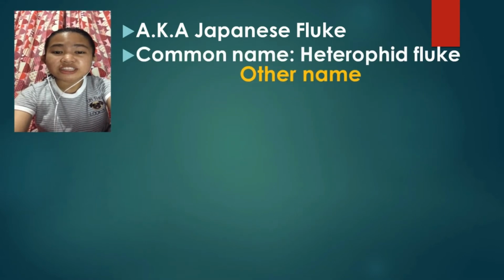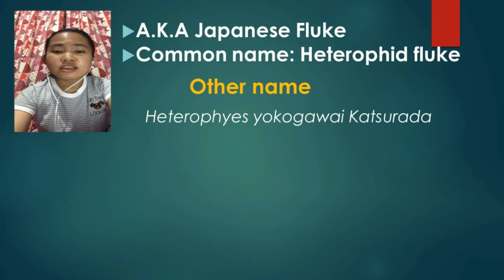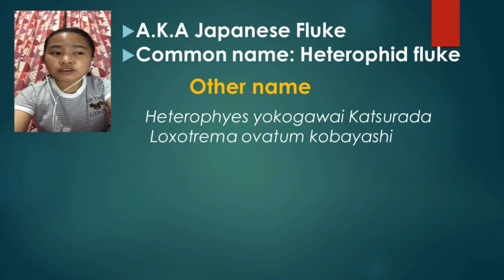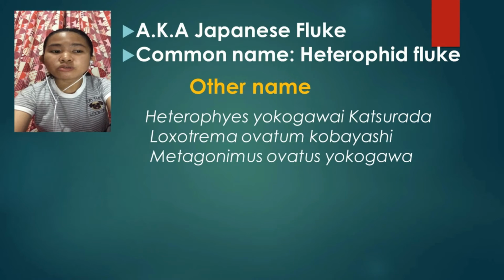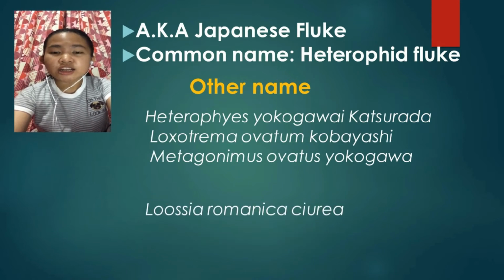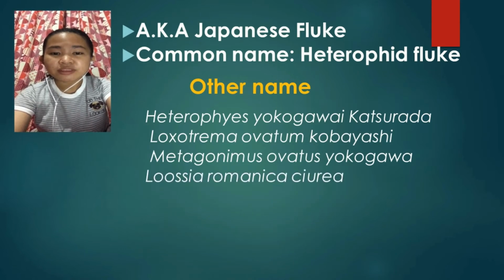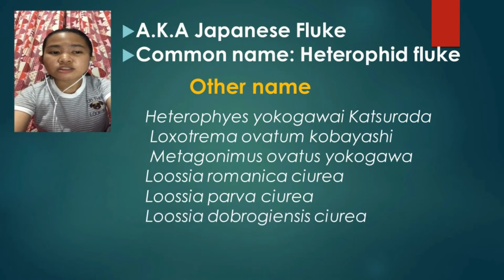It also has a lot of other names, such as Heterophyes yokogawai Katsurada, Loxotrema ovatum Kobayashi, Metagonimus ovatus Yokogawa, Lucia romanica Suria, Lucia parva Suria, Lucia dobrogensis Suria.